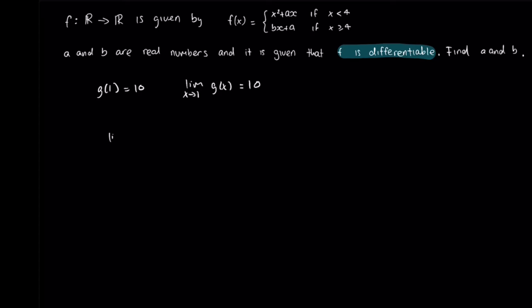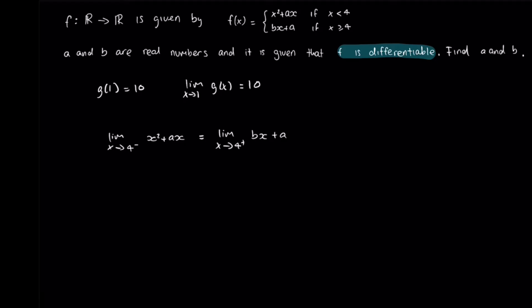If we take the limit of x approaching 4 from the left side of f of x, and f of x is x squared plus ax for x smaller than 4, this has to be equal to the limit of x approaching 4 from the positive side of bx plus a. As you can see, we consider the right and left limits separately. This is because we have a piecewise function.